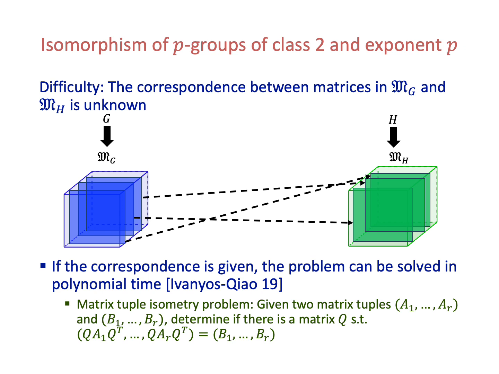With the matrix space representation in mind, the difficulty for the isomorphism testing of p-groups of class 2 and exponent p is to determine the correspondence between the skew-symmetric matrices of the linear spaces obtained from the two groups. If the correspondence between the matrices is known, then the problem reduces to the matrix tuple isometry problem, which can be solved in polynomial time, obtained by Ivanyos and Qiao.